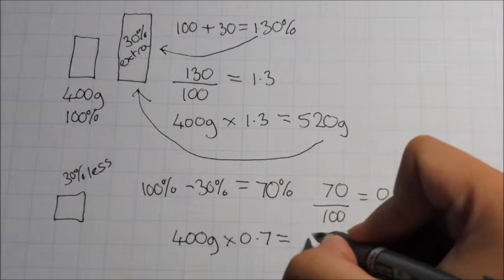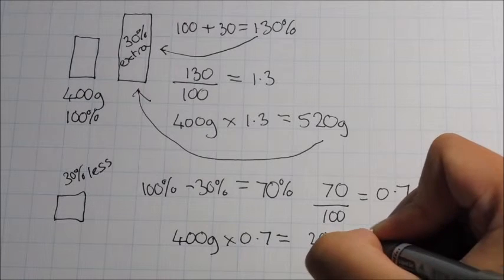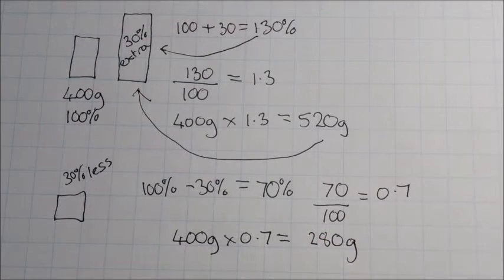Your new amount of cereal is 280 grams. So that is a percentage decrease, showing you how to use a multiplier. So obviously again you can check 280 is less than 400, and obviously if it was more, you know you've made a mistake. So that is the second method of how to do a percentage increase and a percentage decrease.